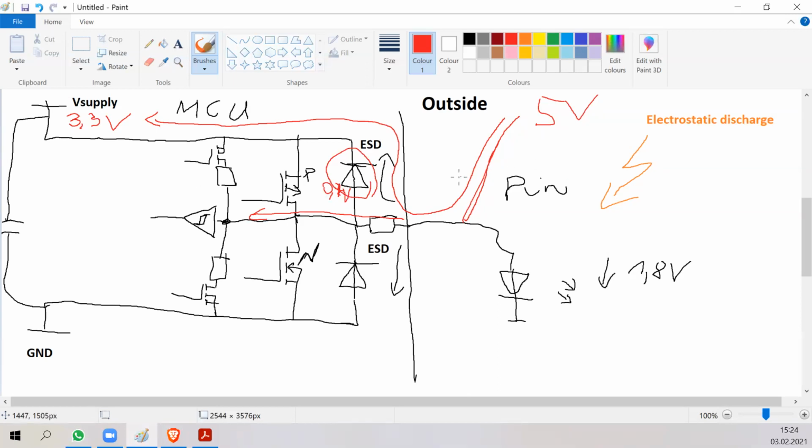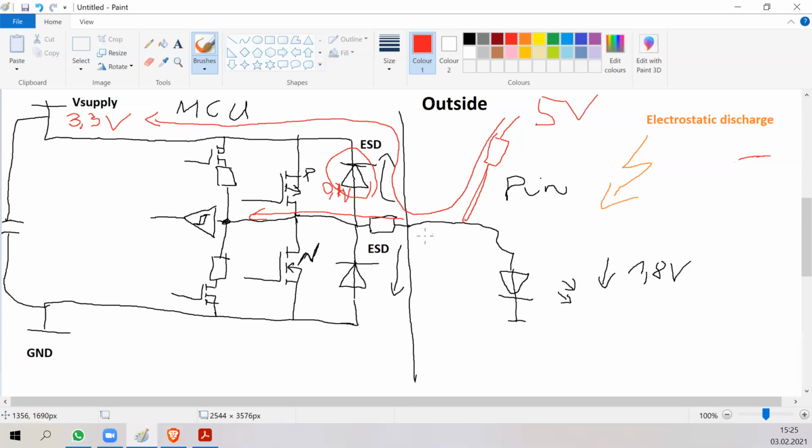So these ESD diodes sometimes protect the microcontroller against users' mistakes, even if you connect a higher voltage. If it's weak, if it has big internal resistance, then nothing bad fortunately happens, at least not initially. If you keep it that way for longer times, then of course it's damaged.